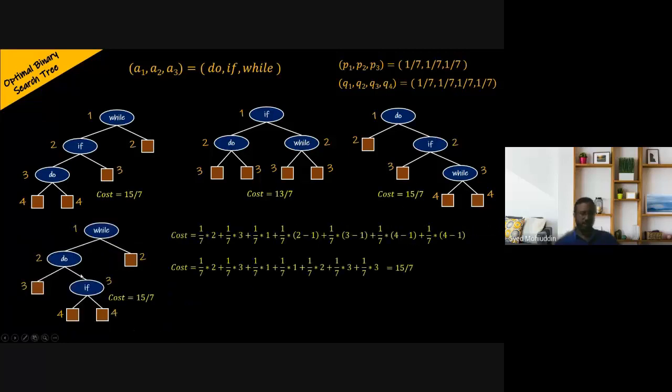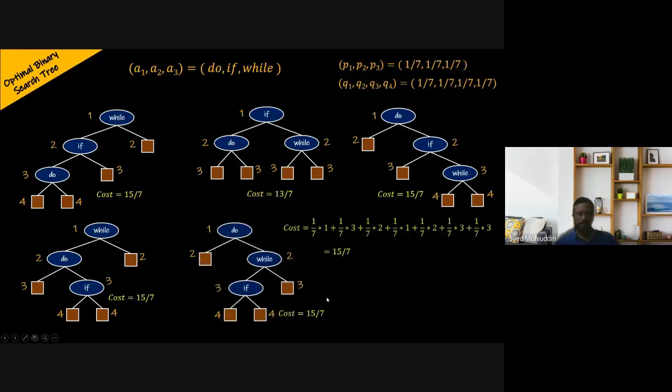Then for the next tree we also have 15 by 7, as well as for the fourth tree we have 15 by 7. Now among all these trees, which tree has the minimum cost? Obviously we can see that it is 13 by 7, and this tree has the minimum cost. Now remember, among all the trees, this tree has the least height when compared to all the other trees.